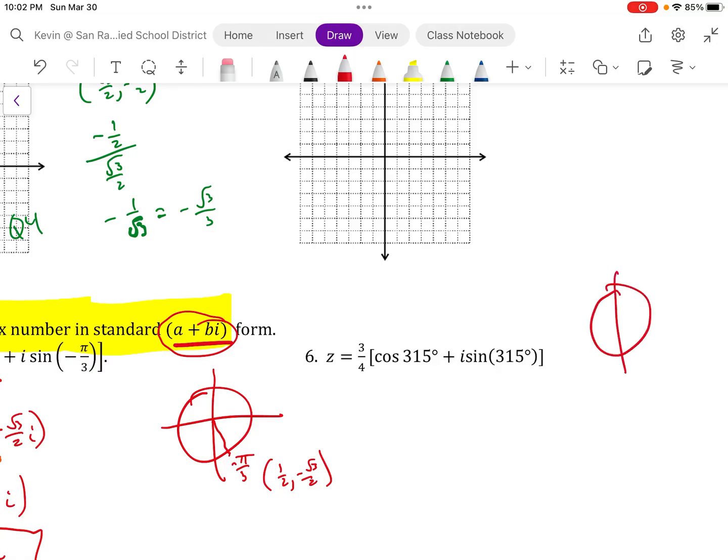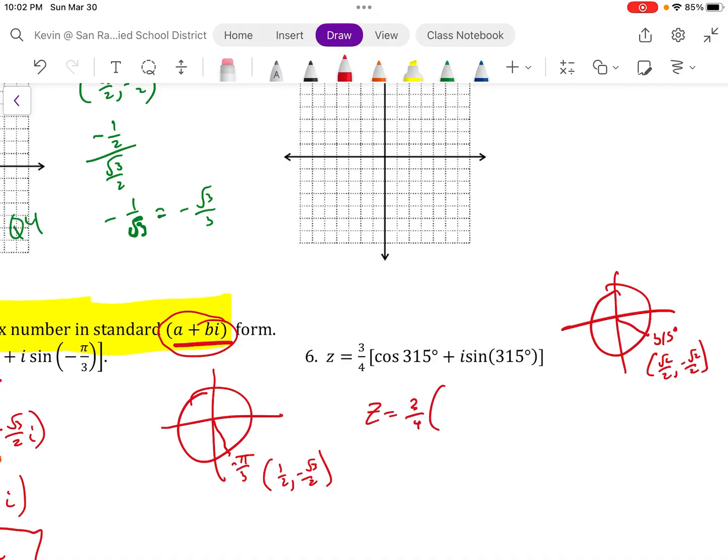Okay, 315 degrees is going to be root 2 over 2, negative root 2 over 2.